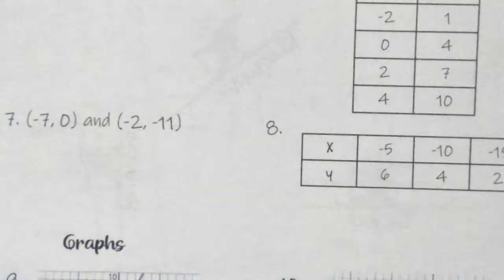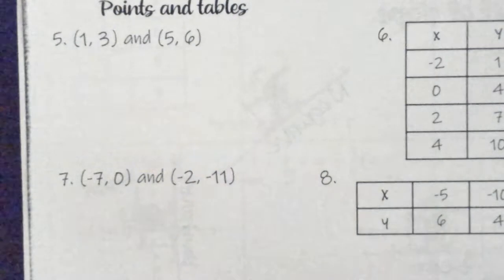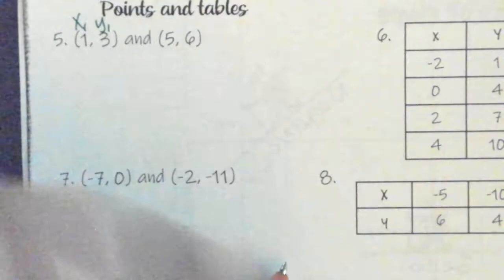And we're going to use that to find slope when we're given 2 points, to find slope when we're given a table, and to find slope when we're given a graph. We're going to use that formula. So I've got these 2 points. Let's label them: x1, y1, x2, y2.